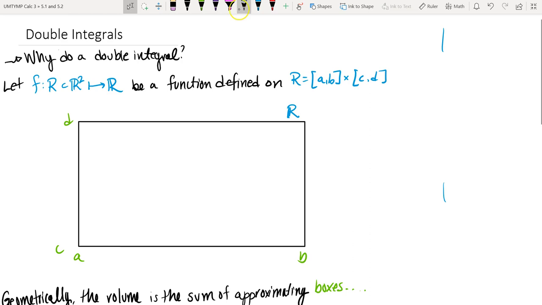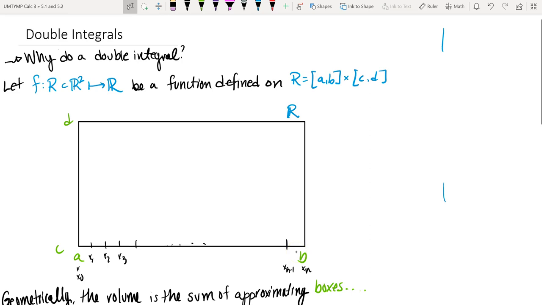What I would need to do is partition a to b into a certain number of intervals. So a is equal to x0, and then we get x1, x2, x3, and so on, up to x_{n-1}, and then x_n.